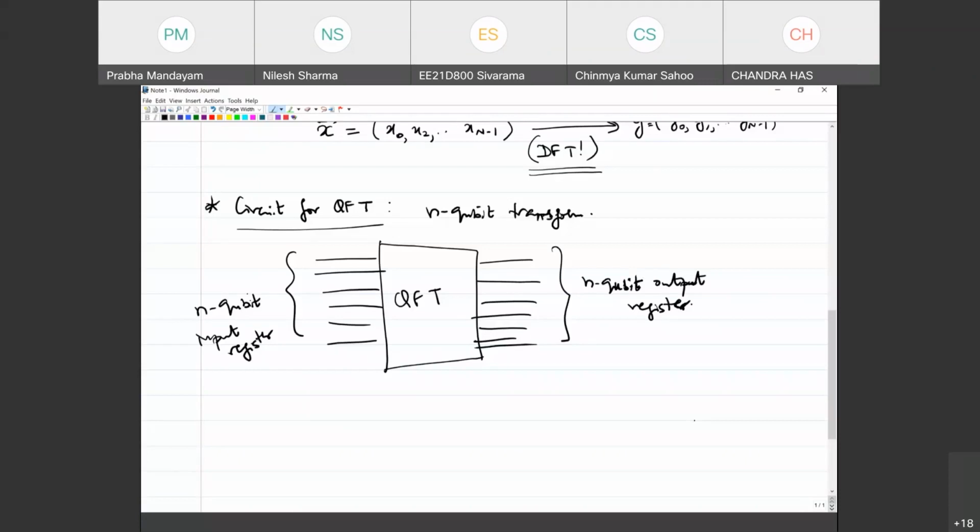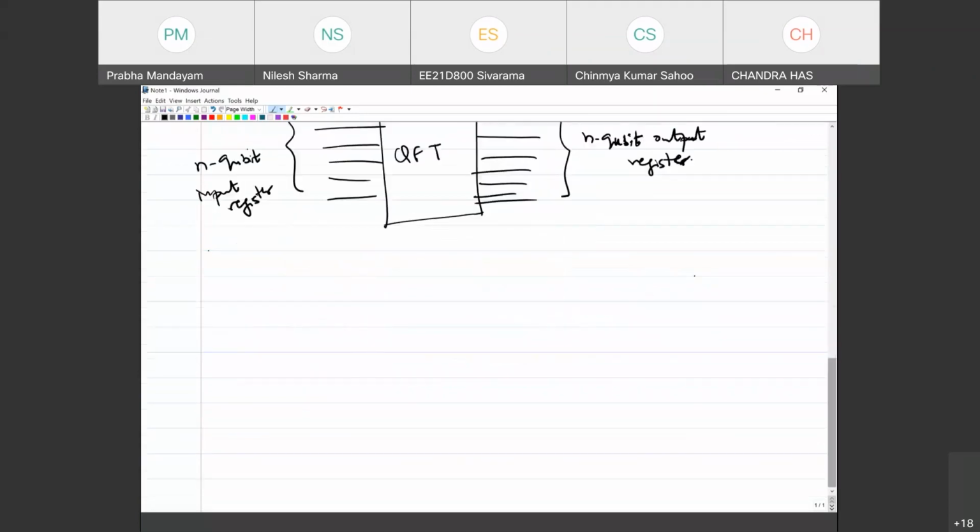The key thing we're going to do is to realize that this n-qubit transform can actually be broken down in some kind of product form. So the first step in realizing an efficient circuit for QFT is to realize that you can have a product form for QFT.